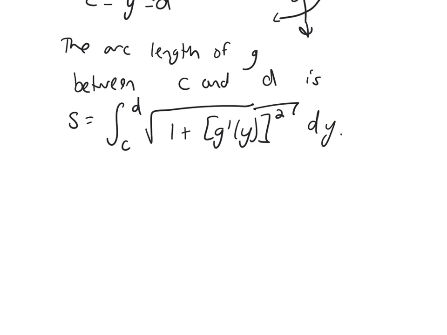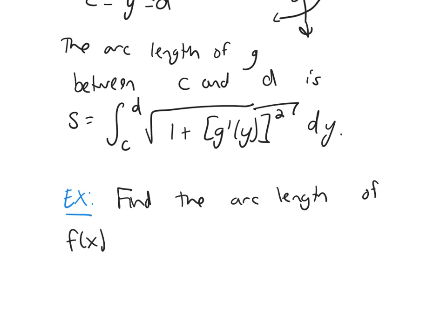Alright, so let's try to find an arc length here. So let's find the arc length of the function. Let's go with just a line for now, 2x plus 3 from the point (0, 3) to (2, 7).